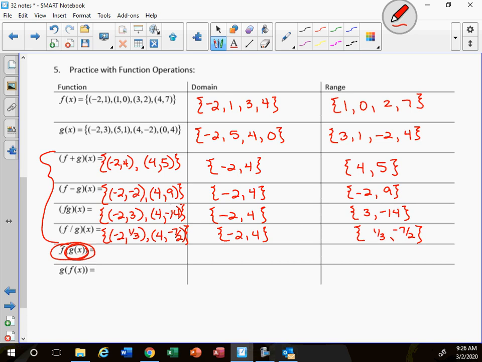You guys try g of f of x. Oh, you can obviously do the domain and range here.